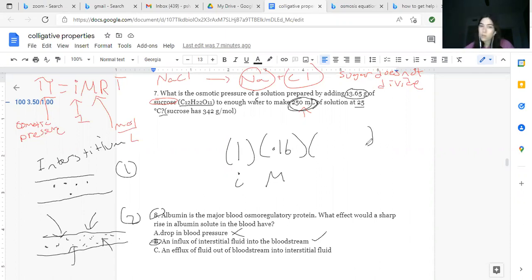It's 0.0821. There are lots of different R's in this class, so just be aware which ones are necessary. The units for this are liters times atm over moles times K. For molarity, the units are moles over liters, and the van 't Hoff factor has no units.